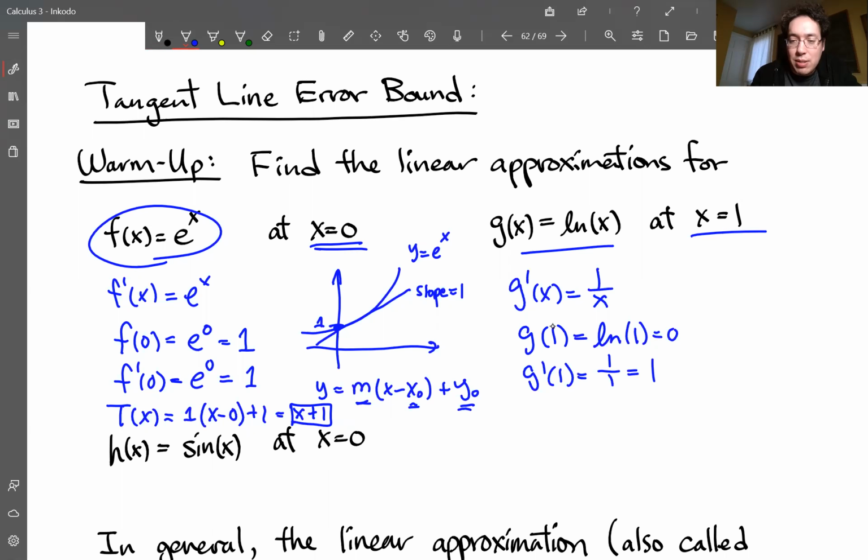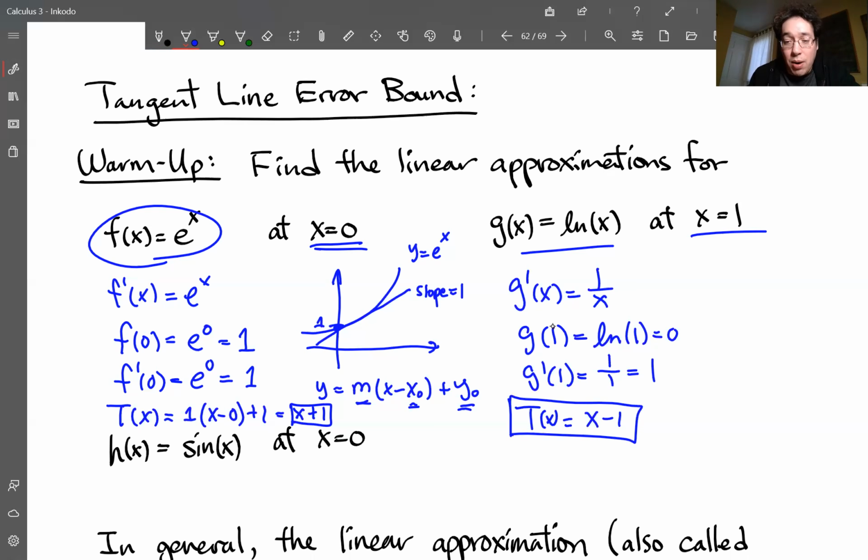And so the slope is 1. So using the same formula, y is equal to the slope 1, times x minus 1, plus the y coordinate at that point, which is 0. So we just have x minus 1. I'm going to call this t of x.